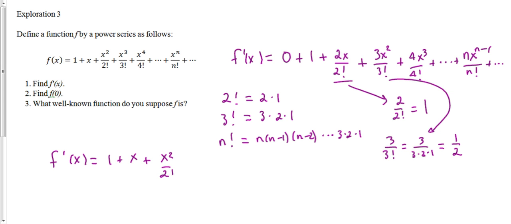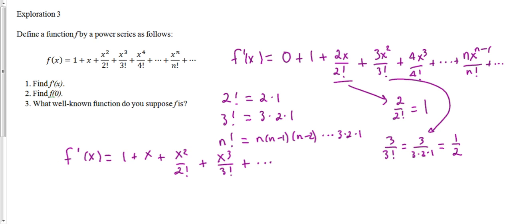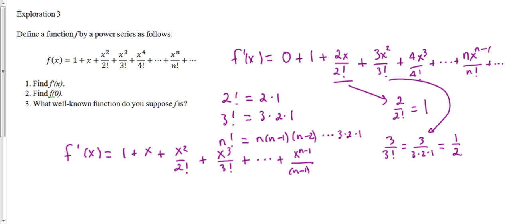over 2 factorial plus x cubed over 3 factorial plus dot dot dot plus x to the n minus 1 over n minus 1 factorial plus x to the n over n factorial plus dot dot dot.